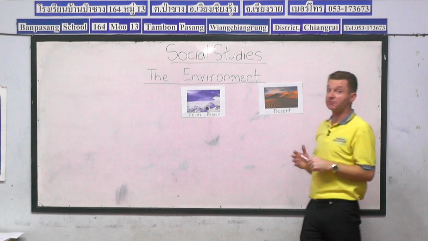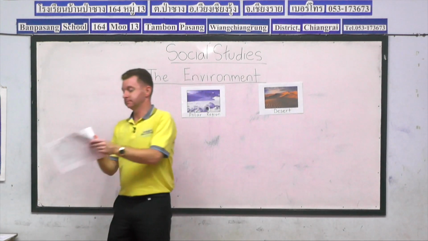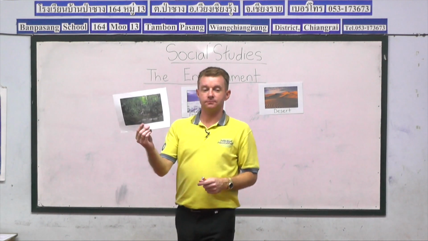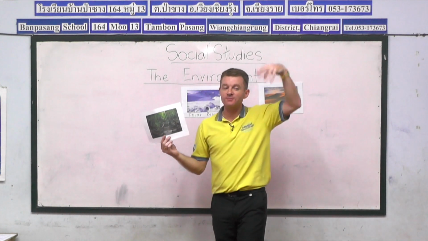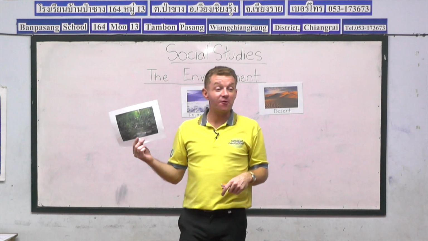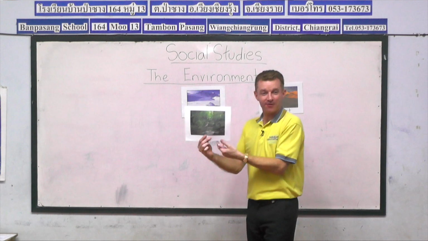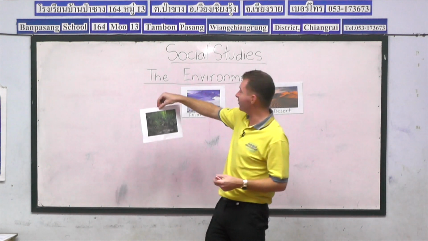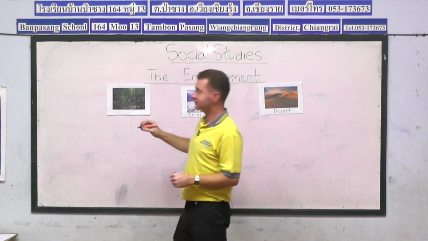So we've got two natural environments up, and now time for our final one. It's a forest, but what type of forest? What's wet and comes out the sky? Rain. Rainforest, well done. It's a forest where it rains, so it's called rainforest. So how do we spell rain, guys?